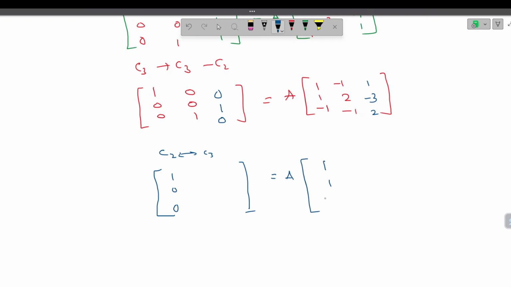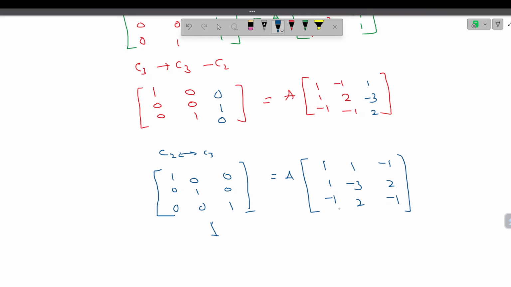C1 as it is. C2 to C3, so moving this side, 0 1 0, and this will be 0 0 1. Here C2 to C3, so this will be moving this side. So 1 minus 3 2, minus 1 2 minus. So we got the identity matrix.